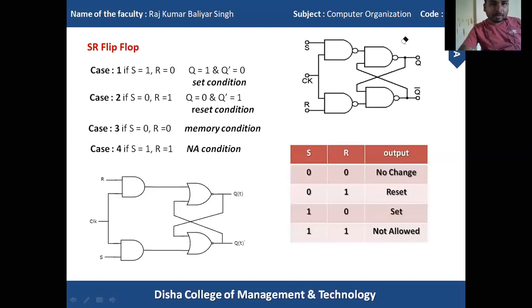See, in SR flip-flop we can do one thing: both S and R terminals are connected together with a NOT gate. That means we can supply either 0 or 1 because it becomes a single terminal. Whatever flip-flop is developed, that is called D flip-flop.